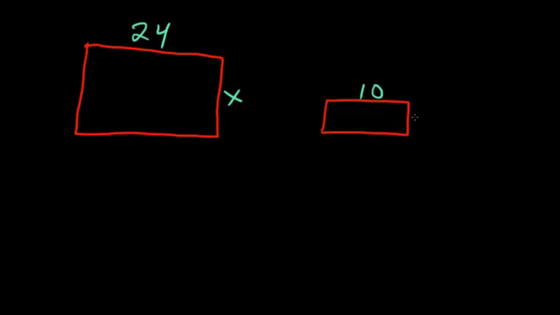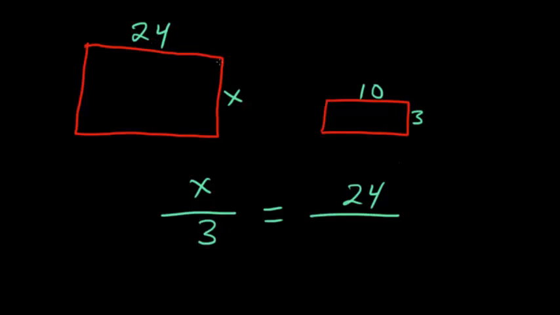And on this side over here, it has a length of 3. So again, I'm going to try to keep all of the information from one of the shapes on either the top or bottom. So fraction, fraction with an equal sign in between. So I'm going to put my x and my 24. And let's see, my x is on the short side, so the corresponding side is over here with the 3. And the 24 is on the longer side. The corresponding side would be 10.